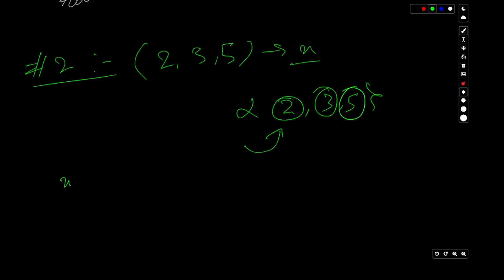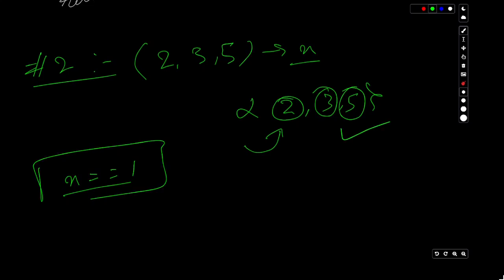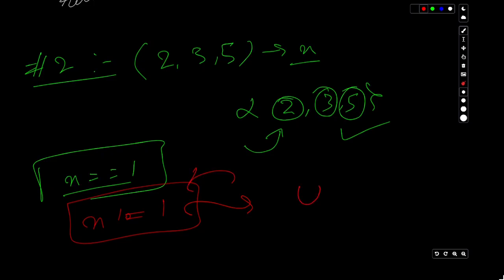If a particular number is at last exactly equal to 1, that means this number doesn't have any prime factors other than 2, 3 or 5. But if this number is not equal to 1, there is certainly another number which is dividing it, which means that this particular number is not an ugly number. Okay, so this is it.